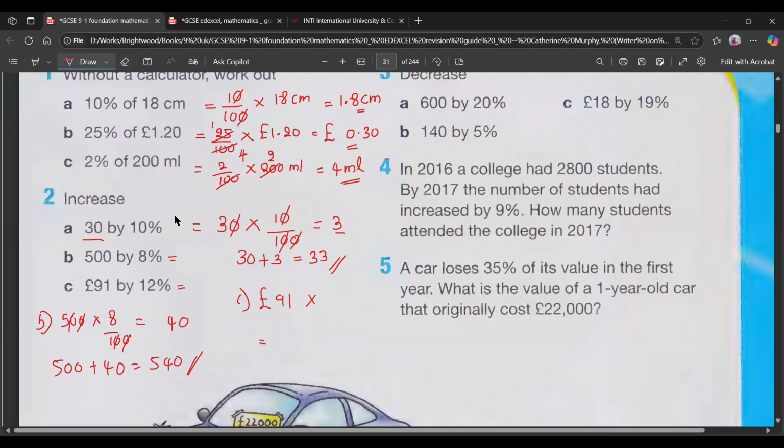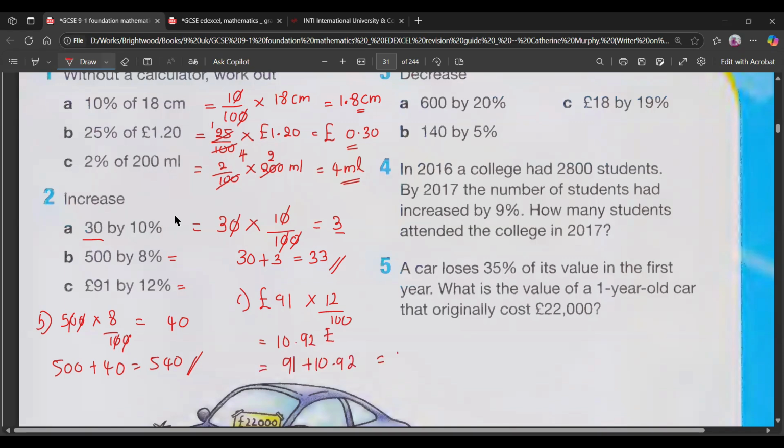Here 12 over 100. So 91 into 12. What is the value? 91 divided by 100 is 0.91. It should be multiplied by 12, that is 10.92. Yes, 10.92 euros. And then you add it to 91. So finally 91 plus 10.92.